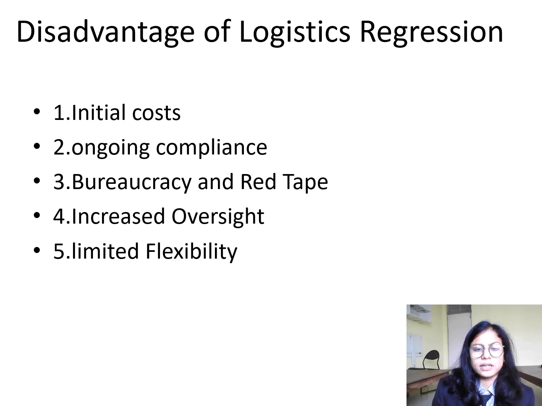Fourth one, increased oversight. Once registered, the business may be subject to more stringent government oversight, inspections or audits, which could result in fines or penalties if the regulations are not followed properly.